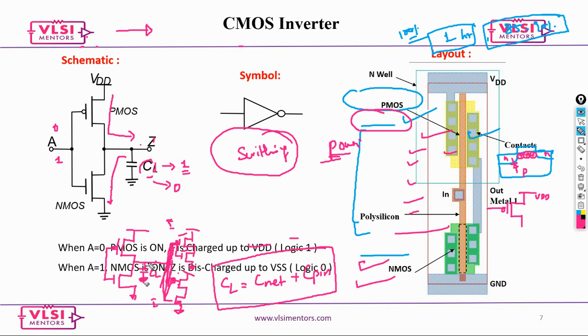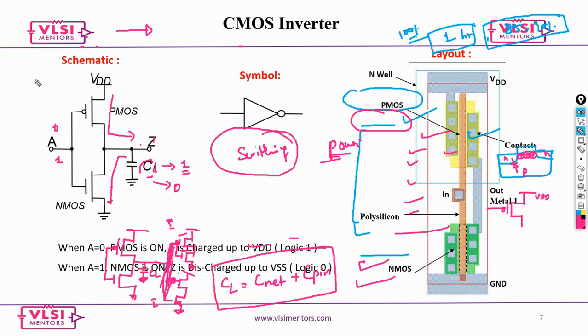This capacitor is not added intentionally, because it is by the structure of your overall design that it is automatically formed. These capacitances are something we call parasitic. We call it parasitic resistance and capacitance.